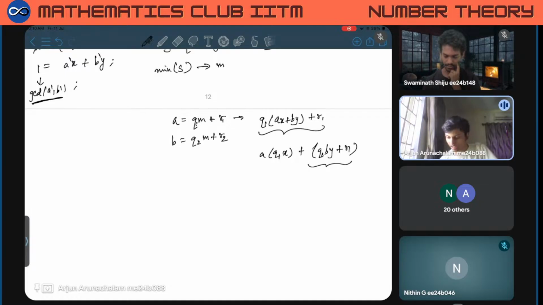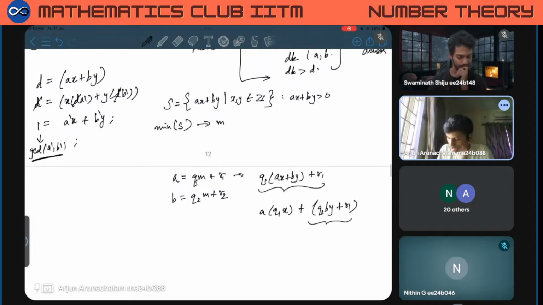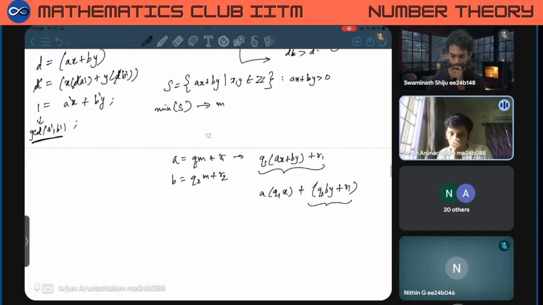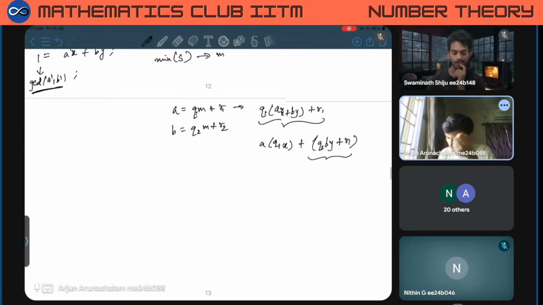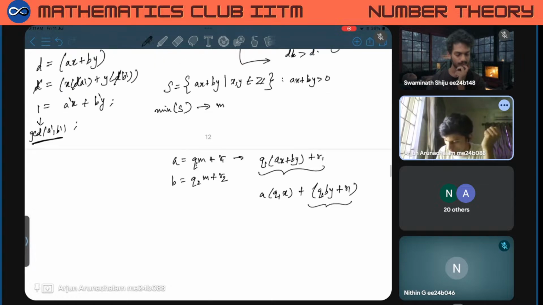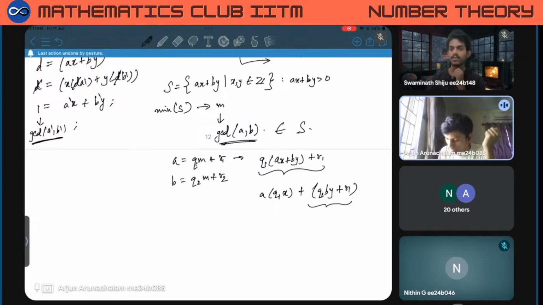If there is something less than the GCD itself, then it divides both a and b, and the moment you subtract one of them, you can see that it will also be a part of the set. So that is kind of a contradiction, right? So we say that this is indeed the GCD of a comma b, and it exists in the set, right?